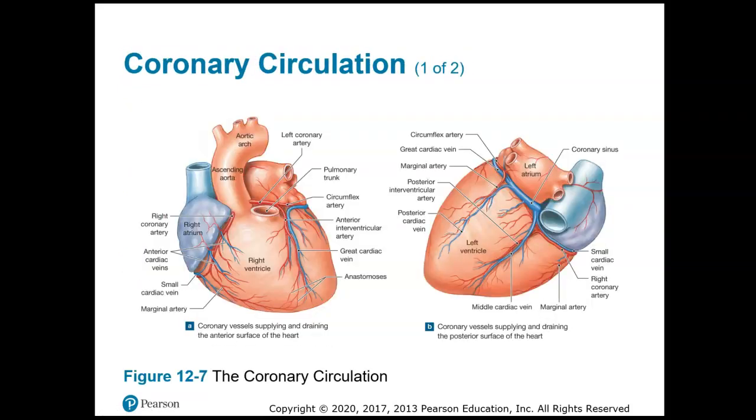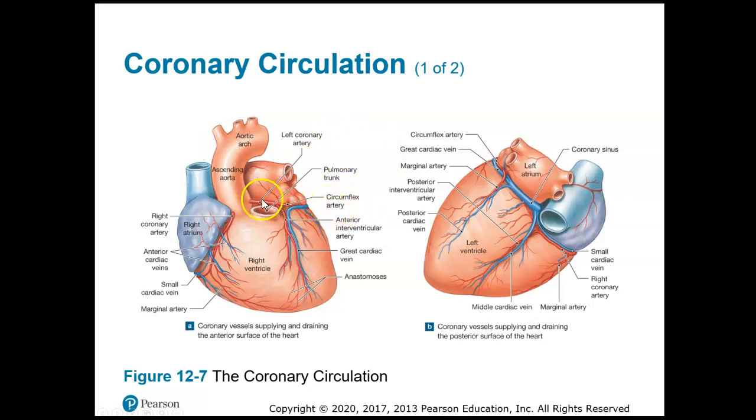All right, now we have the coronary circulation, which I honestly did not ask a lot of questions about. You may have some in your lab activities, but I'll just point out some of the major arteries and veins that you might have to know if you're working in cardio medicine.